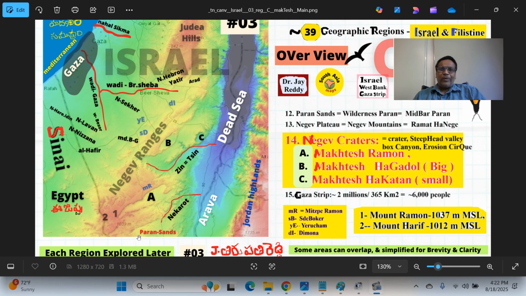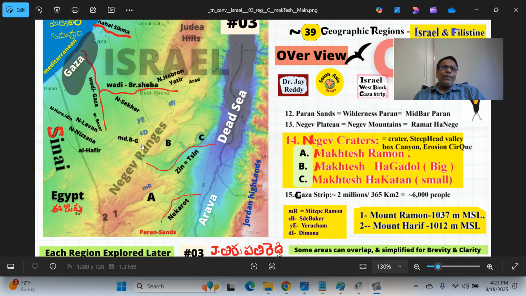Here there is also a Wadi or Nahal, a seasonal intermittent stream, that comes from the Sinai Peninsula region of Misr, Egypt, goes into the Negev region, and finally is a tributary of another Wadi or Nahal called Arava or Araba. That is the Paran sandy region, wilderness of Paran. Towns like Taba and Eilat are nearby, in that area.